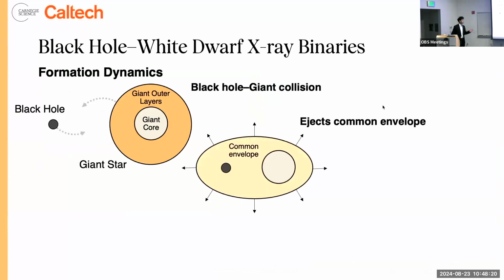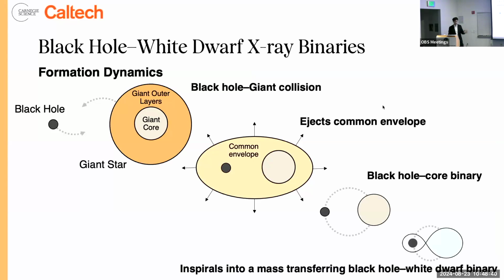So when a black hole collides with a giant, the outer layers form a common envelope that gets quickly ejected on the timescale of a few days, resulting in a black hole giant core binary system. As the system inspirals and ages, this core will then evolve into a white dwarf and then inspiral into the black hole to form the X-ray binary that we're interested in. This inspiral process is just due to gravitational wave emission.